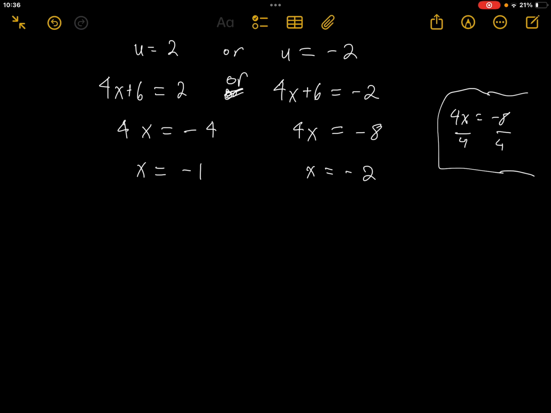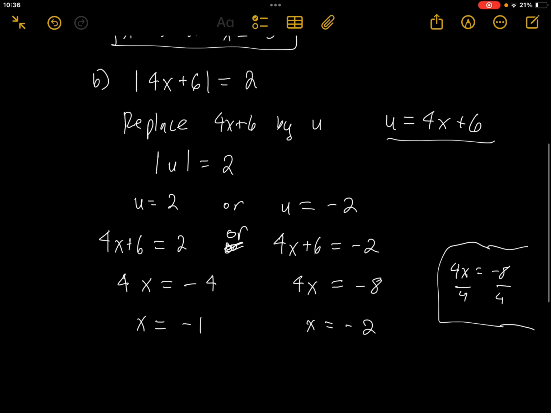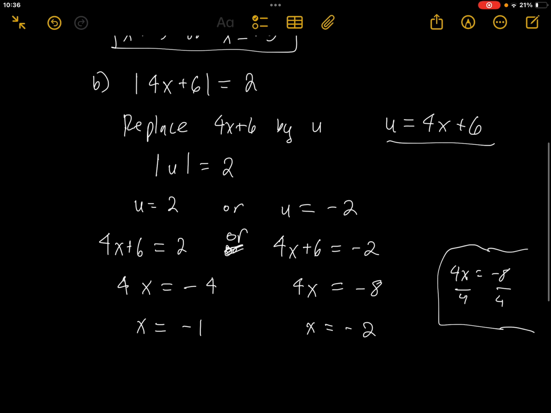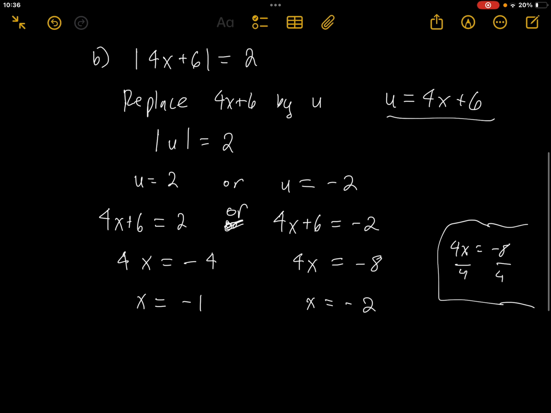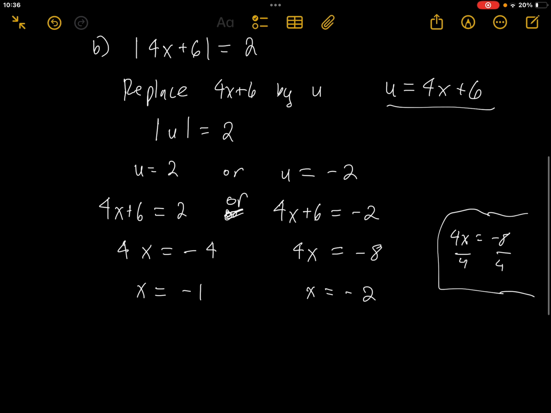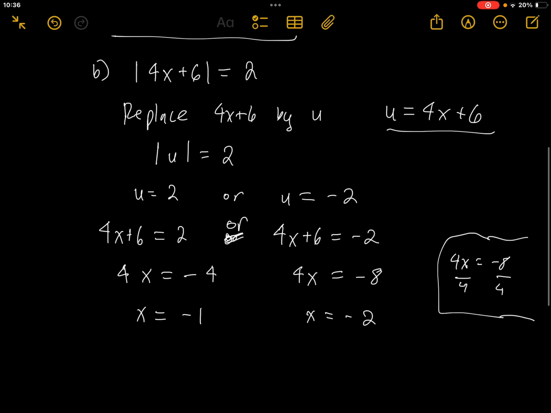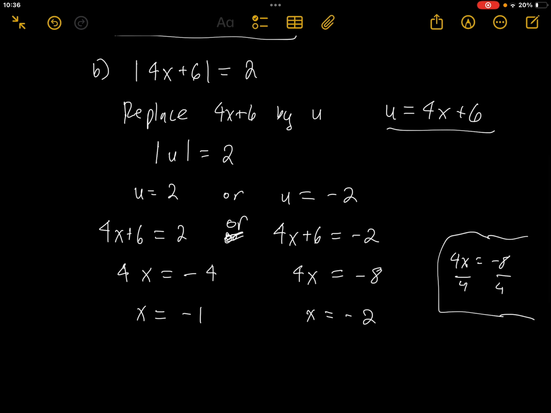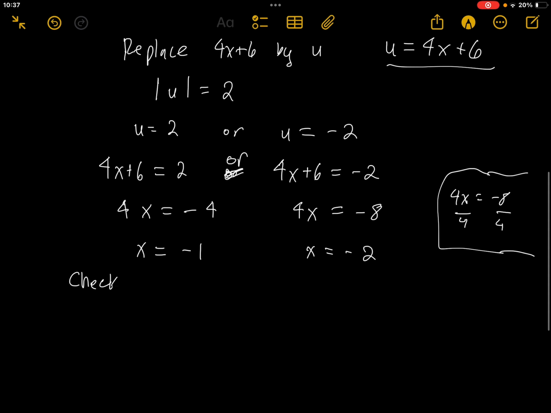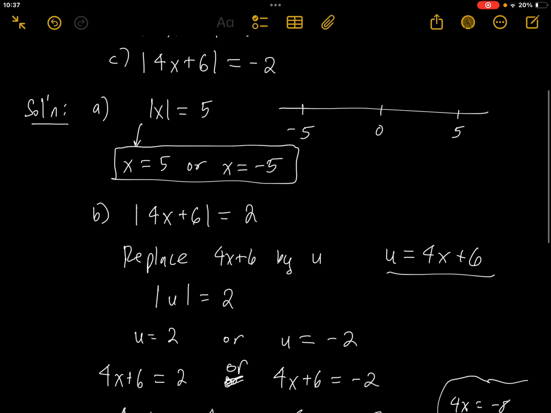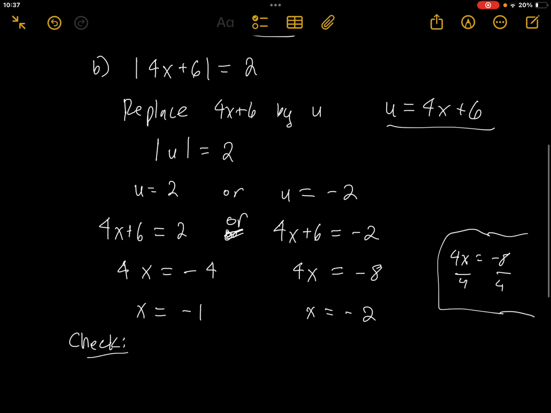Actually, we should check that these work, because for absolute value problems, in this case they both will work, but there could in theory be examples where the solutions you get don't actually make the original equation come true. So let's check that these actually work. We probably should have checked, well, we don't have to check anything for the first one, but for the second one, let's just check that x equals negative 1 works.